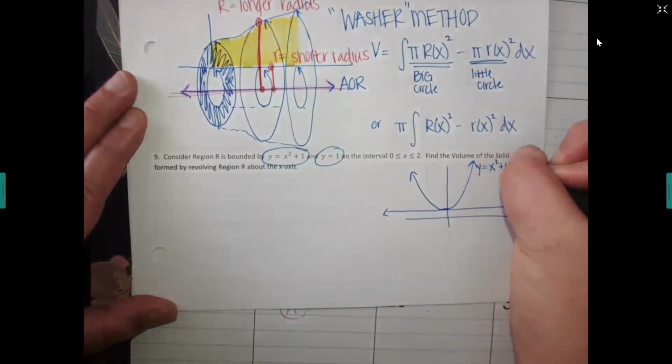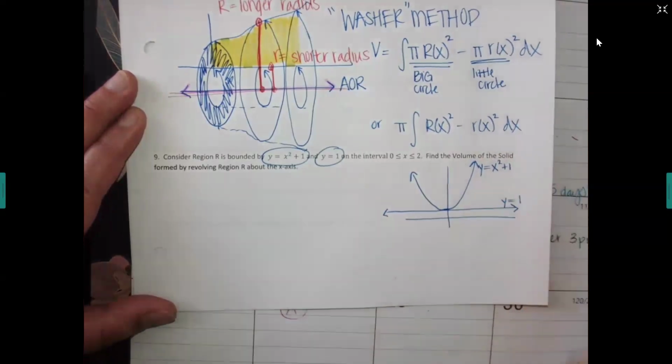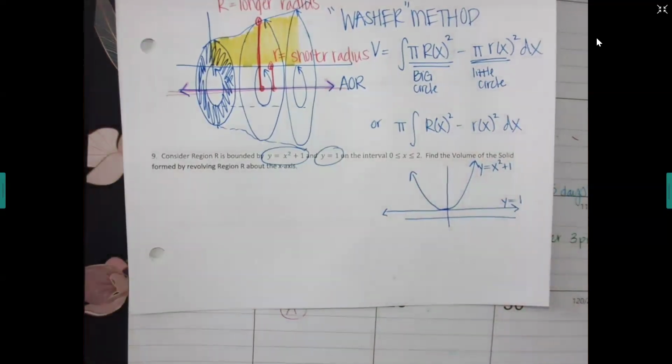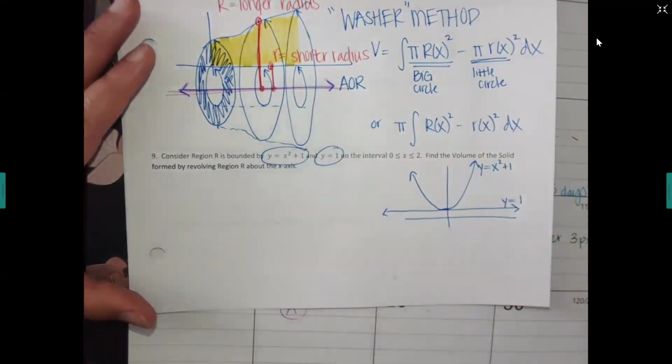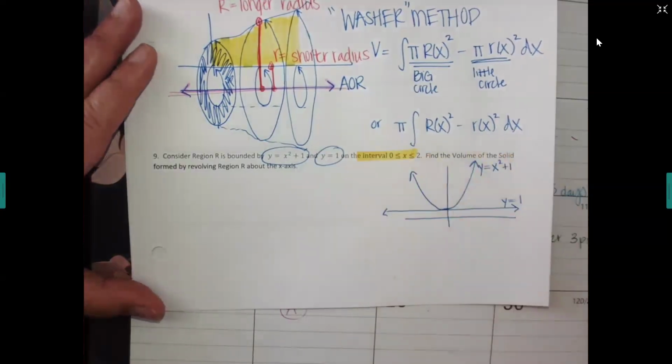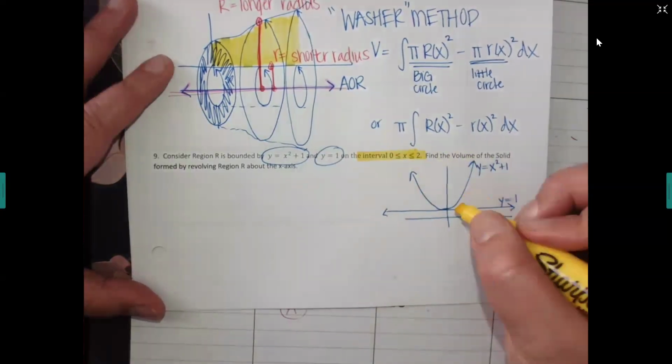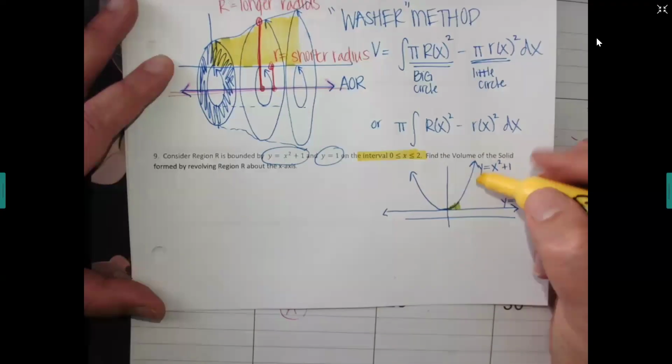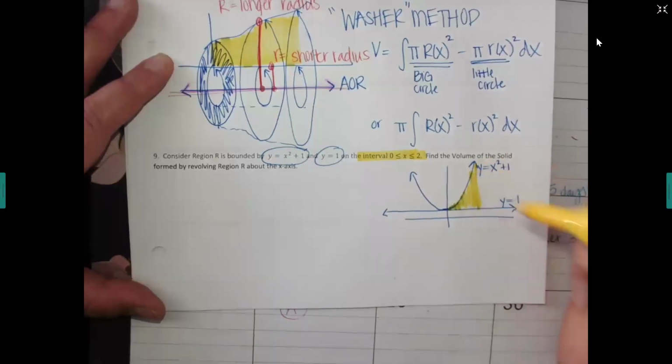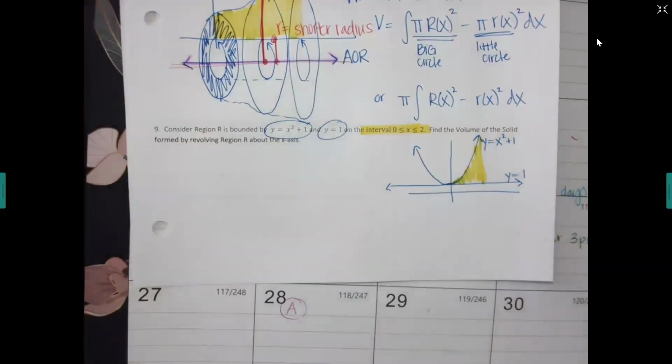So this is x squared plus 1. This is 1. Where are we going to shade between what interval? From 0 to 2. So let's say 0 is here, and then we'll shade till 2. But remember, my goal is I want to stay between those two functions.